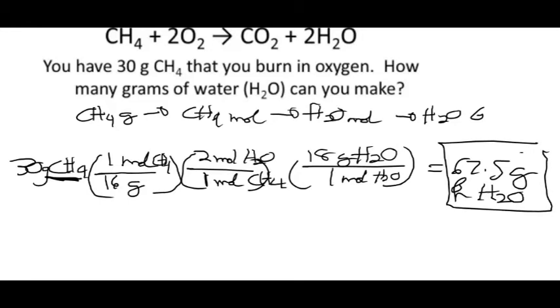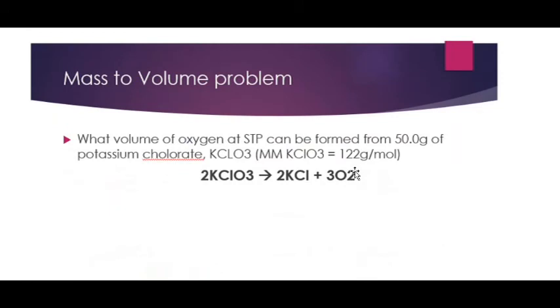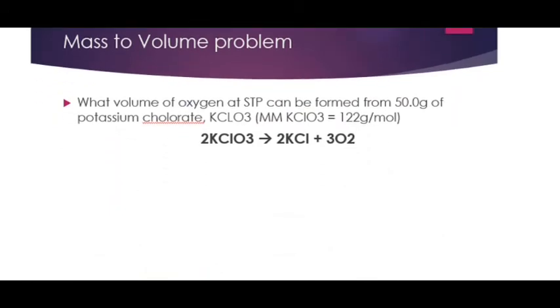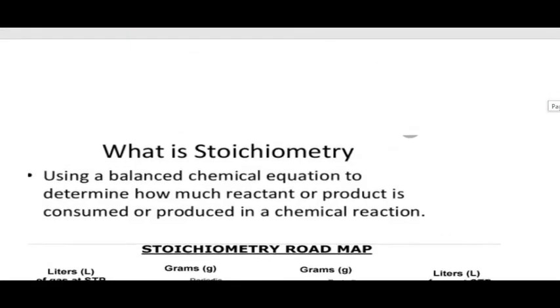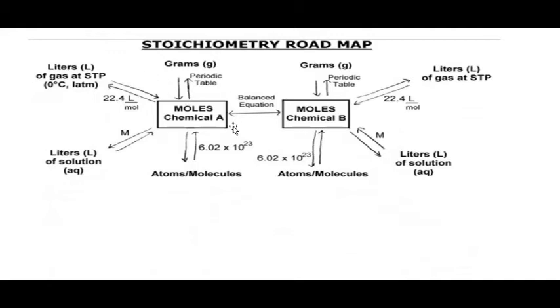So, paano naman ang problem natin ay mass to volume? So, sa diagram na to, mass to volume. So, ito yung magiging problem natin from here to here. Mass to volume. So, let's get started.